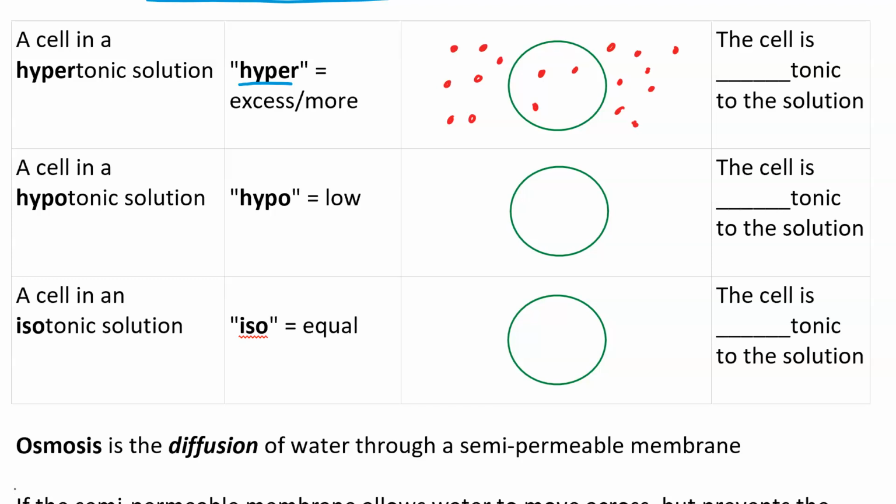If we're looking at a hypotonic solution, hypo means low. So that means the amount of solute outside of the cell is a lower concentration. There's less. So again, if the red marks are my solute, then there's not so much outside the cell versus the concentration inside the cell.